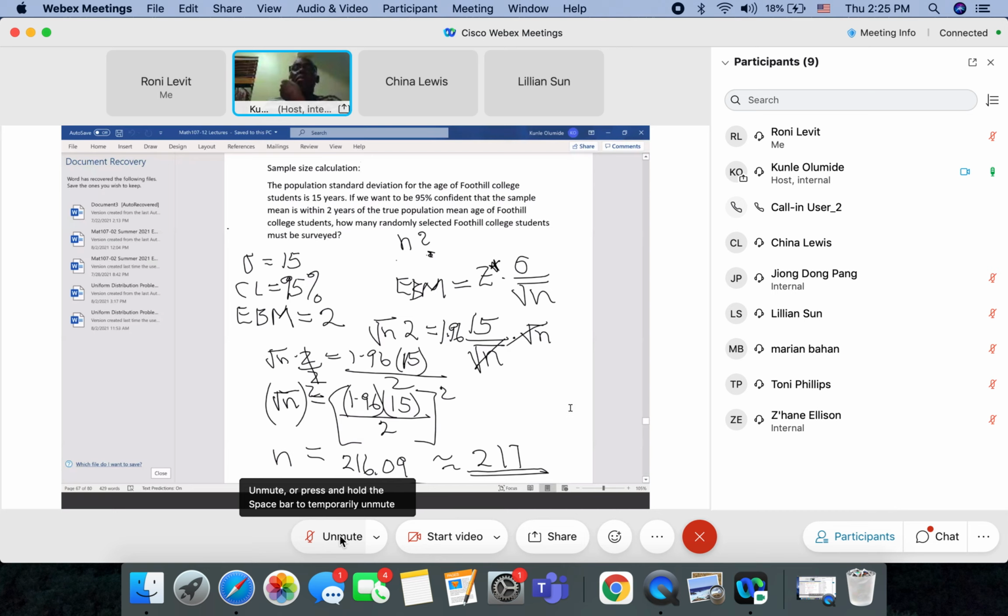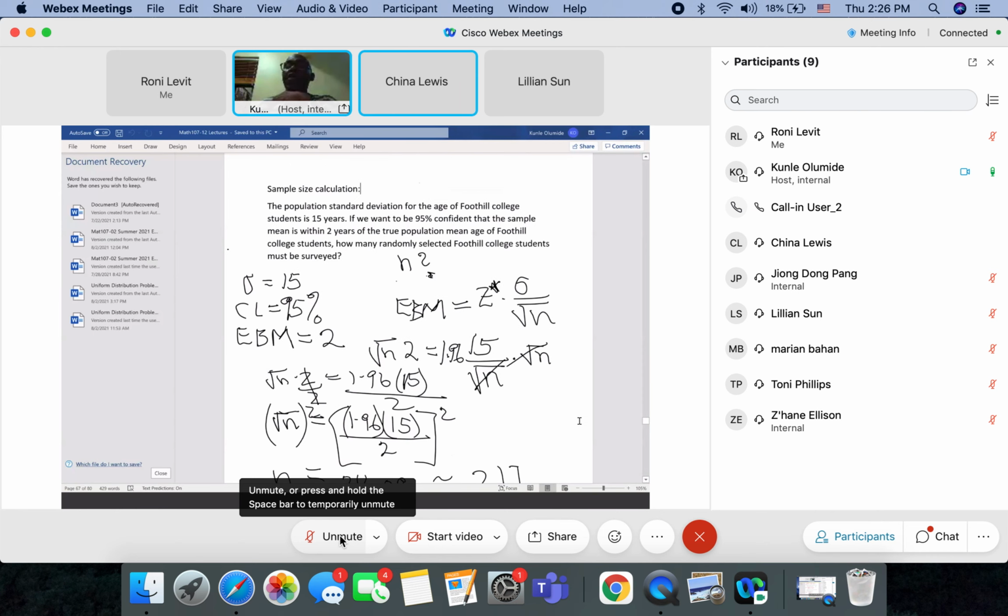But I see all your work, I just don't know what steps were taken first in order to get n by itself. Okay. I wrote out 2 equals 1.96 times 15 over square root of n. We're trying to solve for n. N is in the denominator, isn't it? Yes.